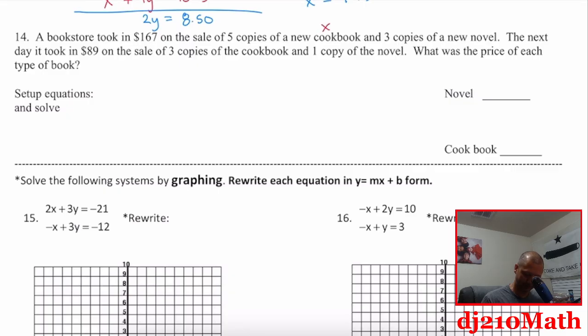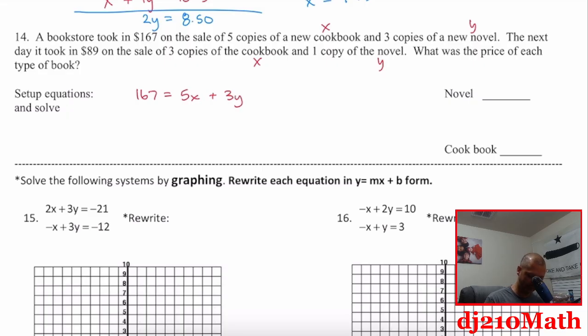The cookbook, the new novel. The next day it took in $89 on the sale of 3 copies of the cookbook, again that's x, and 1 copy of the novel. So we have 167 is equal to 5x, right? Because it's 5 copies of the cookbook plus 3y.